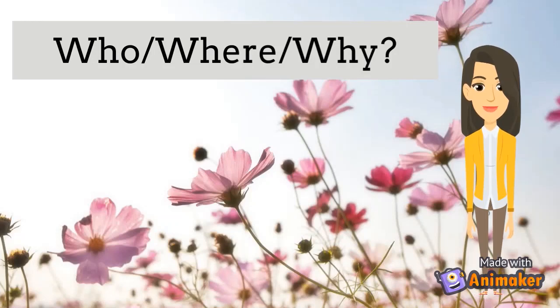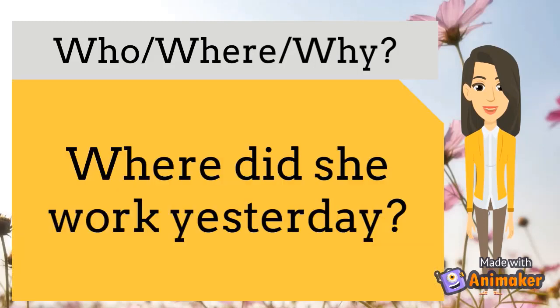We have to keep the same structure, and then we say, where did she work yesterday? When did he work yesterday? Why did he work? Okay, so just put the question word, if you have one, before the helping verb did or didn't.